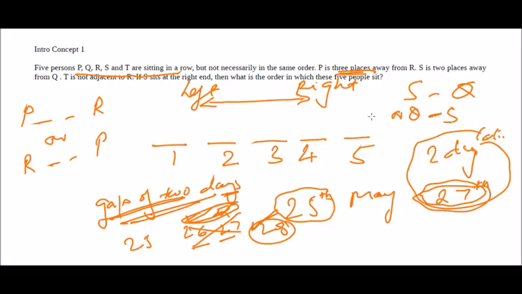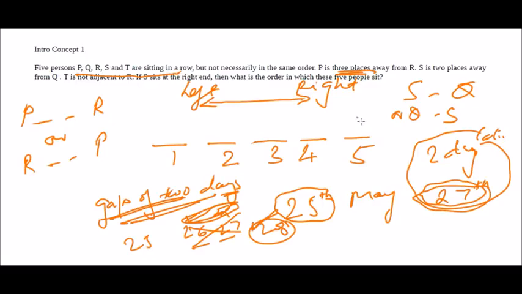As a general rule of thumb, always start with a person or a set of people whose position is reasonably well known. Now, in this case, it says S sits at the right end.